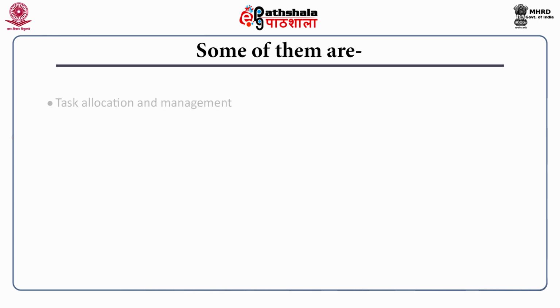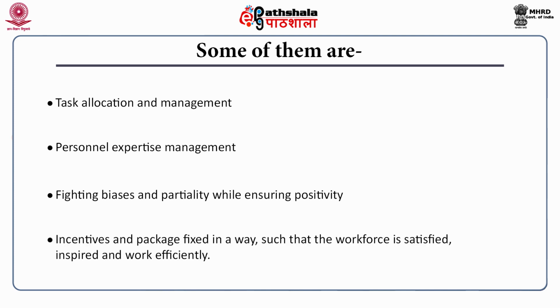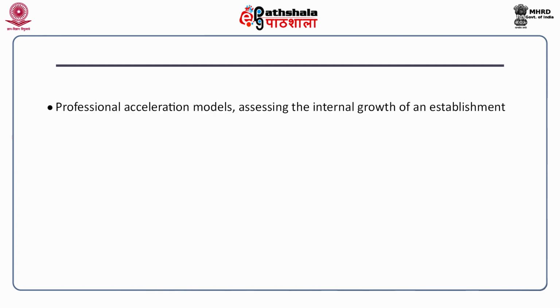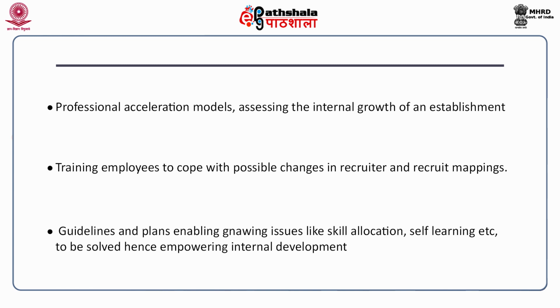Some of them are task allocation and management, personnel expertise management, fighting biases and partiality while ensuring positivity, incentives and packages fixed in a way such that the workforce is satisfied, inspired and works efficiently, professional acceleration models assessing the internal growth of an establishment, training employees to cope with possible changes in recruiter and recruit mappings, and guidelines and plans enabling gnawing issues like skill allocation, self-learning, etc. to be solved, hence empowering internal development.